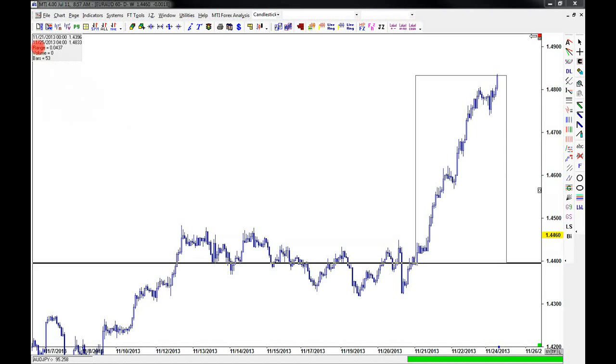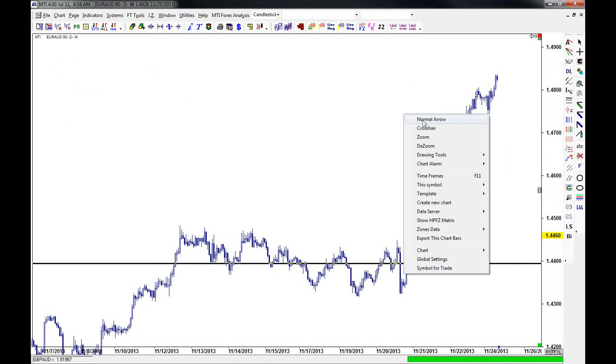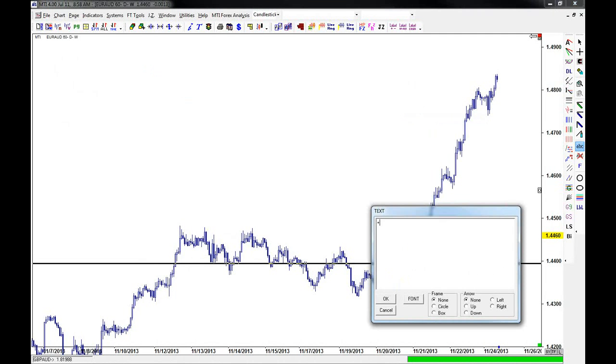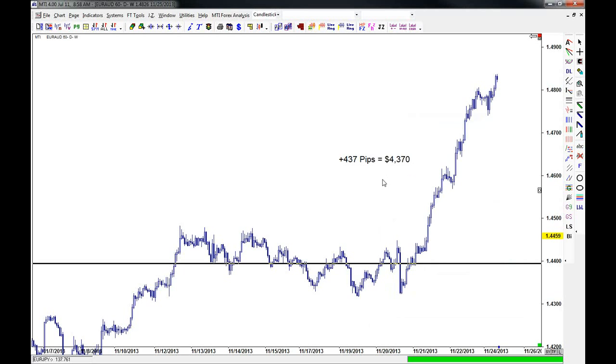The word range tells you how many pips you just generated. So range equals pips. In this case, you just generated 437 pips, or 4,370 US dollars in a standard lot trade investment.